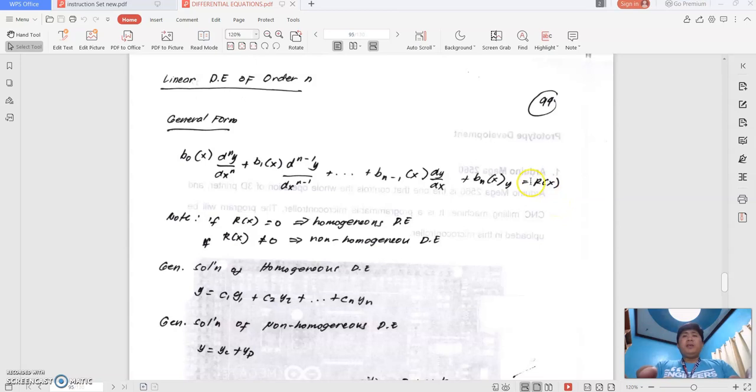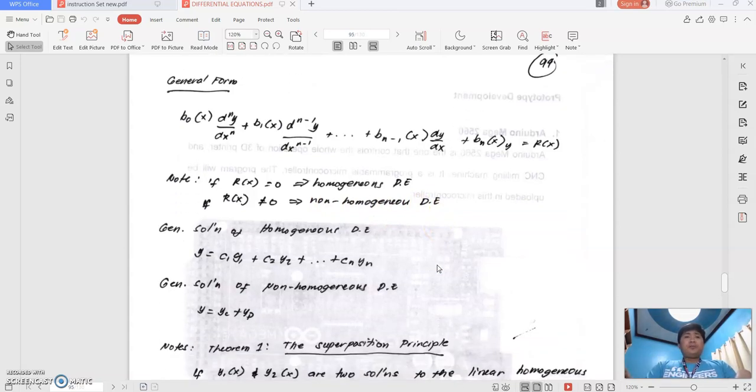Then remember, if the general form of the linear differential equation of order n is equal to 0, then the differential equation that you are trying to solve is a homogeneous differential equation. While if r of x, the result of this general form, is not equal to 0, then that is a non-homogeneous differential equation.